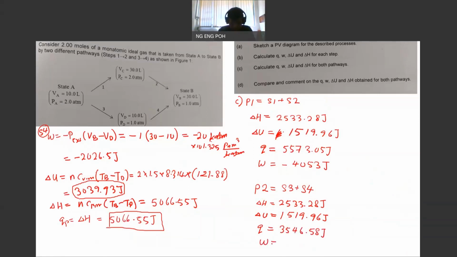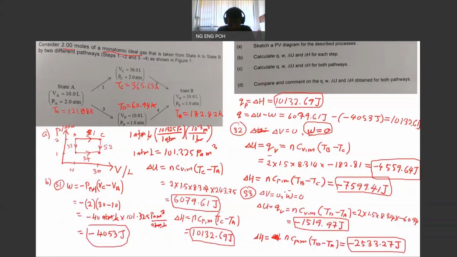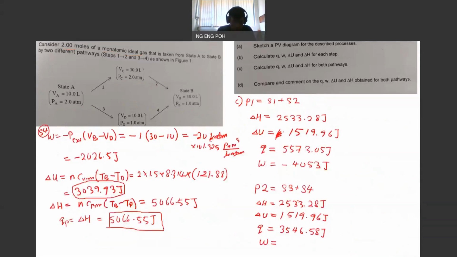And finally, W. For step 3, W is 0 plus this value. So here you will get negative 2026.5 joule. Yeah, it's a bit long, this question.